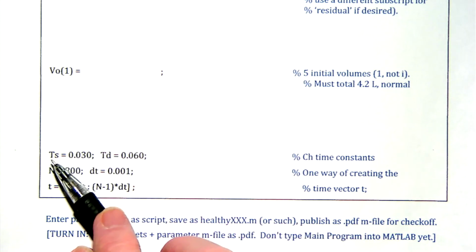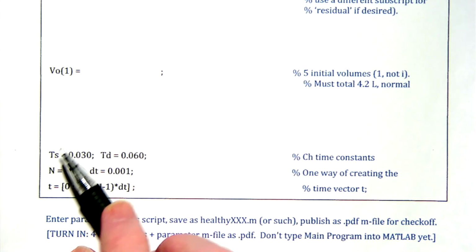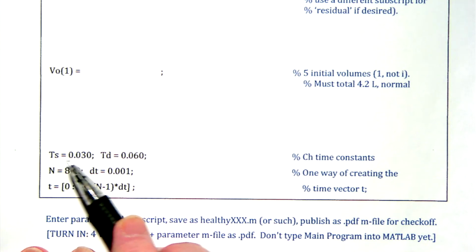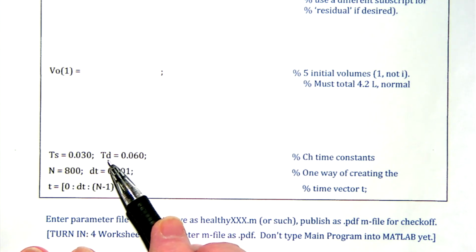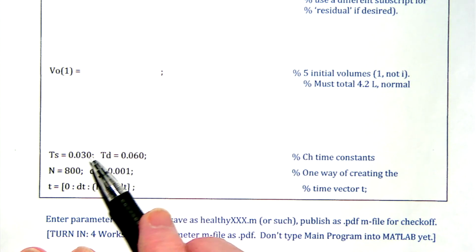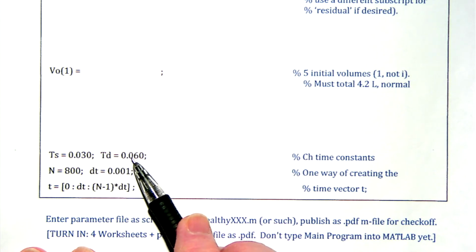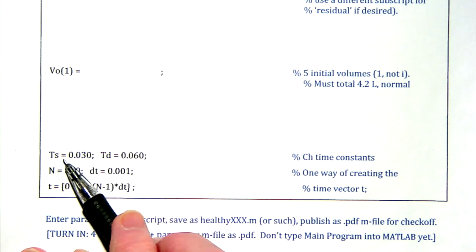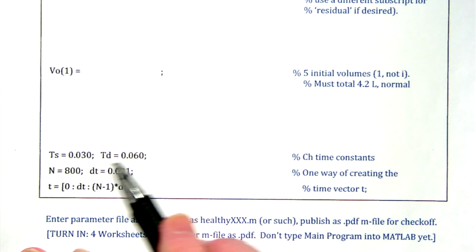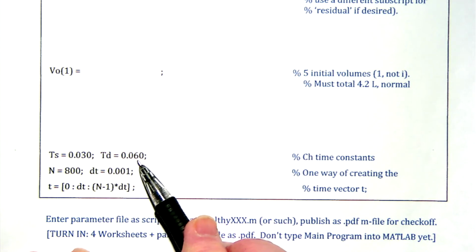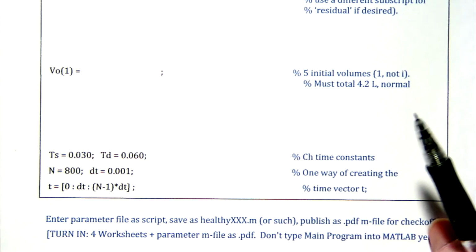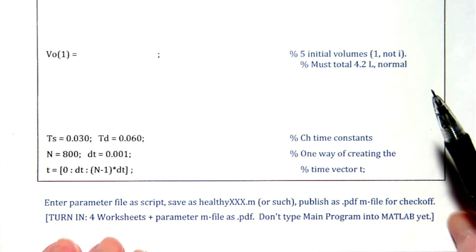There's no tau on the keyboard, so we're going to let that be represented by capital T sub S for systole and capital T sub D for the time constant for diastole. These are time constants of exponential rise and fall. These are not the duration of the systolic time or the diastolic time. These are exponential time constants, different than the duration of each of those segments of the cardiac cycle.